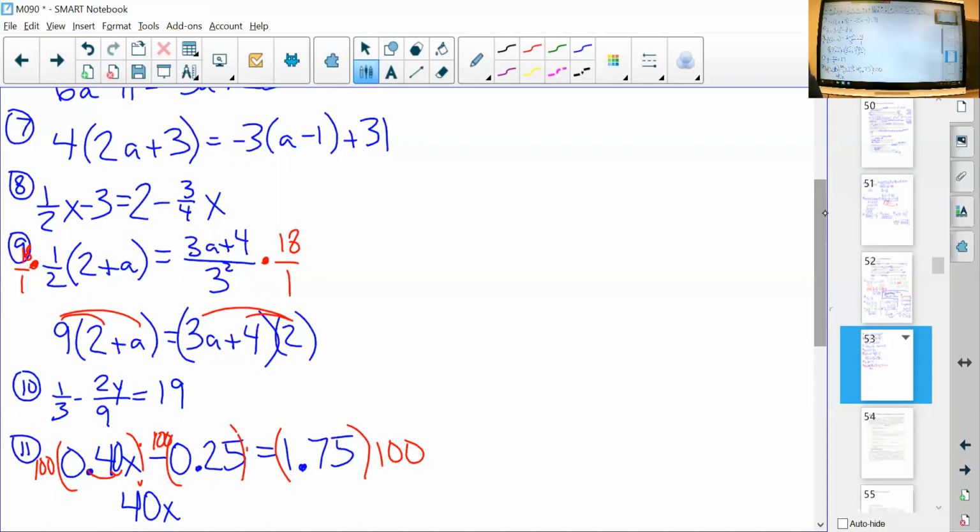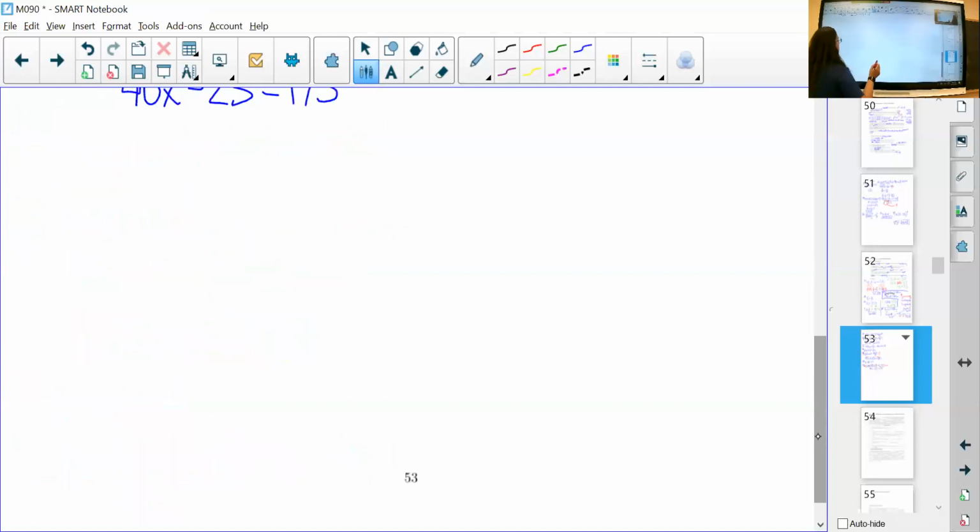This is like 40 cents. 40x minus, scoot this over twice. I get just plain 25. Equals, scoot this over twice. 175. Now, I have all integers.